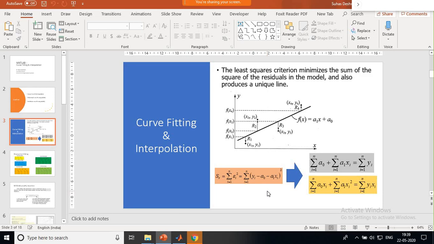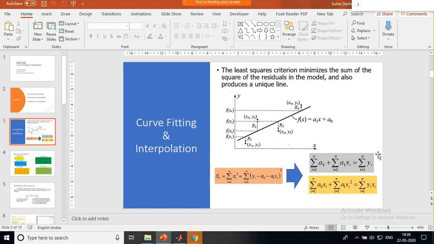Whenever the slope is 0, your function is at a minimum or maximum. So we take the help of maxima and minima here, and then we come up with two equations: sum of a0 plus sum of a1x, equal to sum of y, and then a second equation.